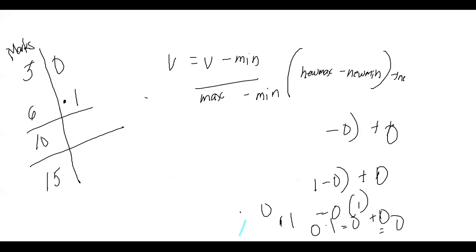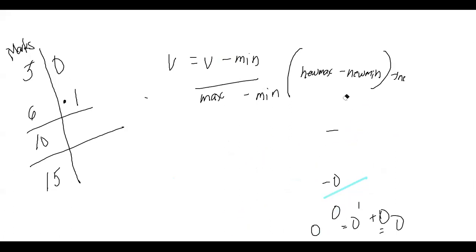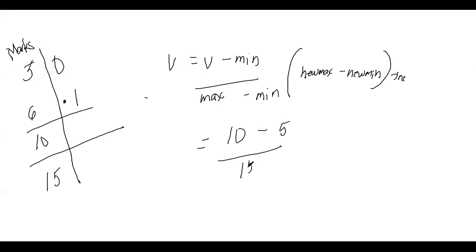Let's erase the computation. Okay, so we have here another value, 10. It is equal to 10 minus the mean, which is 5, over max 15 minus the mean.